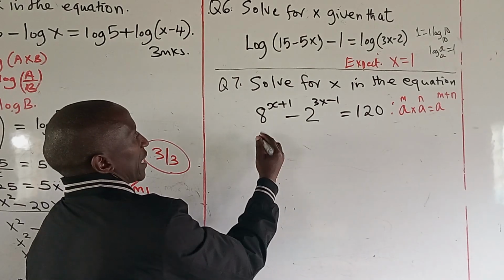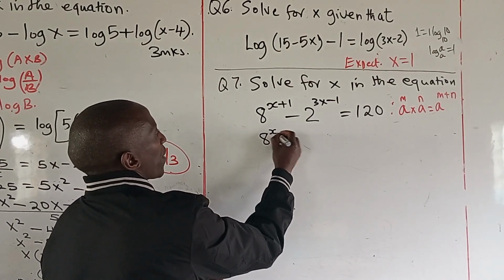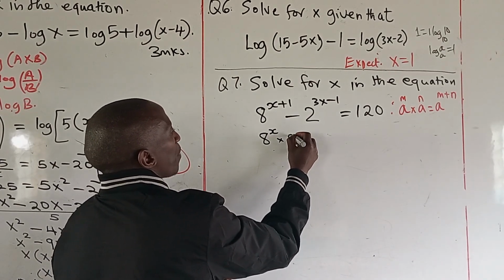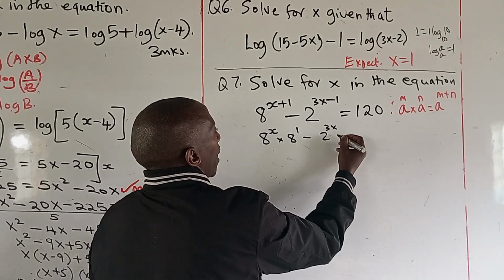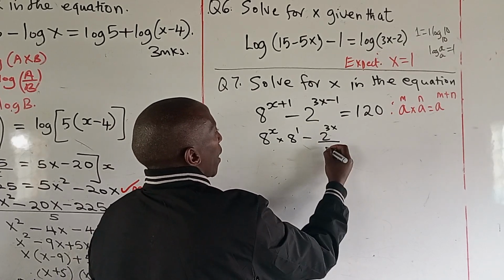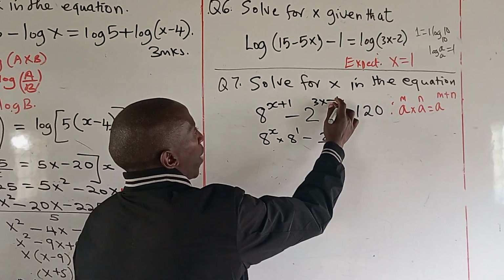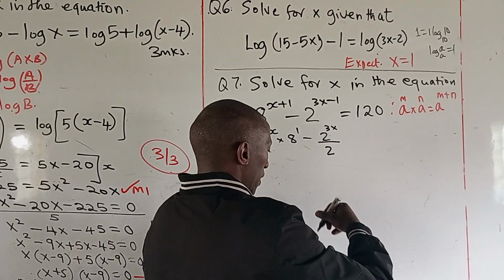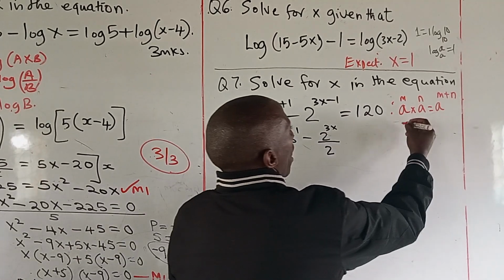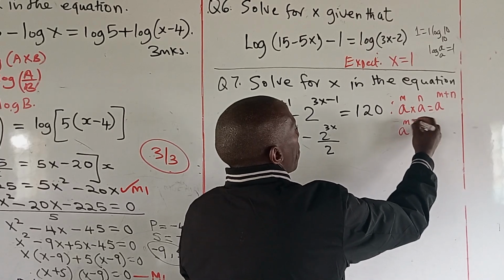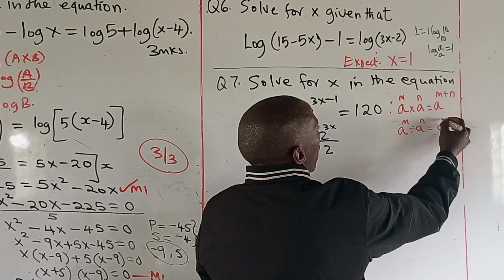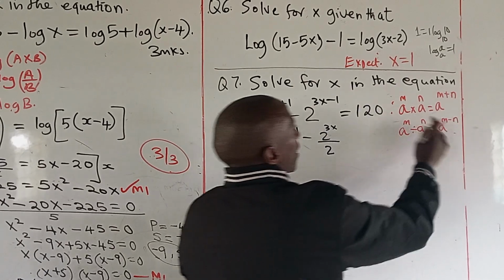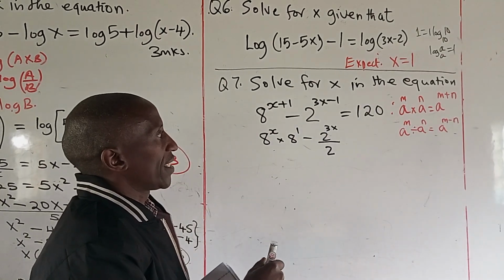Straight away, let's work on it. This becomes 8 to the power of x multiplied by 8 to the power 1, subtract 2 to the power 3x divided by 2 to the power 1. So this is what we are saying: when we have a power m divided by a power n, we get a power m minus n, the subtraction rule in indices.